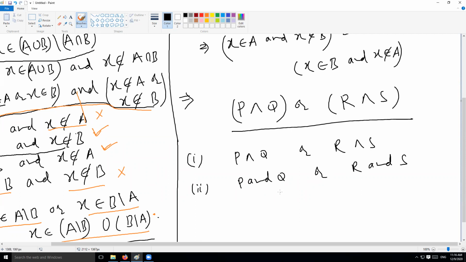Now, can I convert this statement into a statement where I have an and in the middle? Yes, sir, by negation. Okay, that's one way to do it. But if I don't want to do negation, what should I do next?